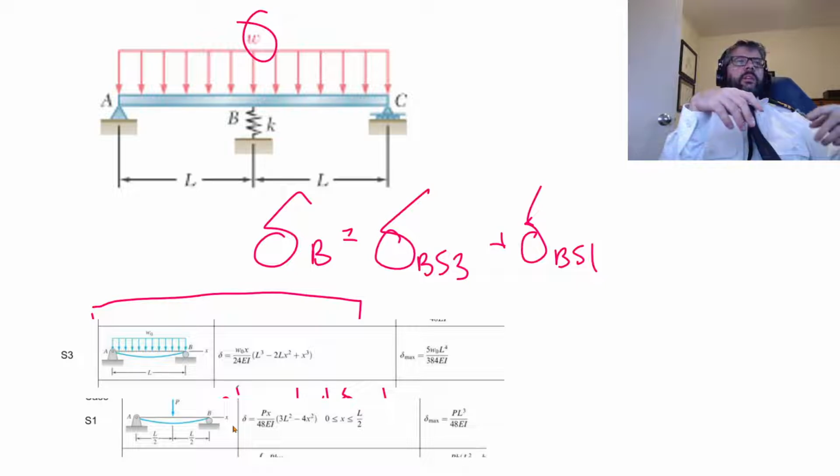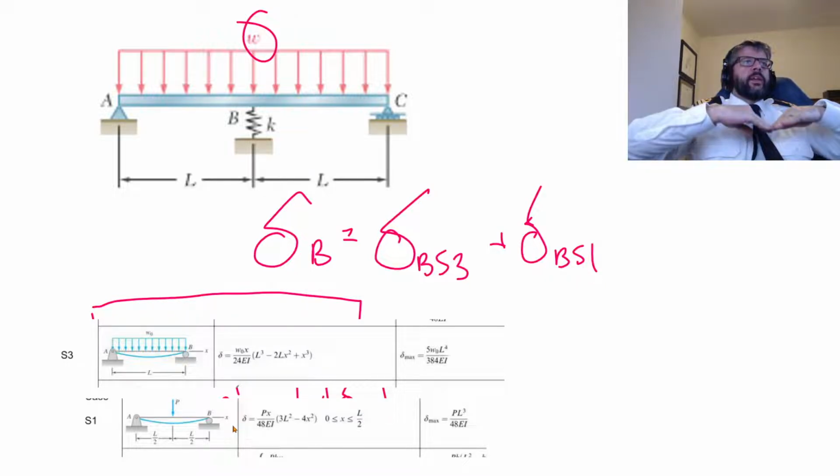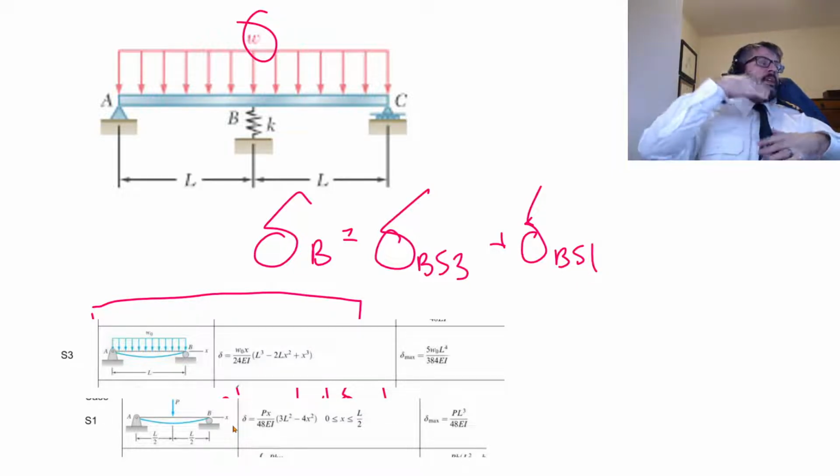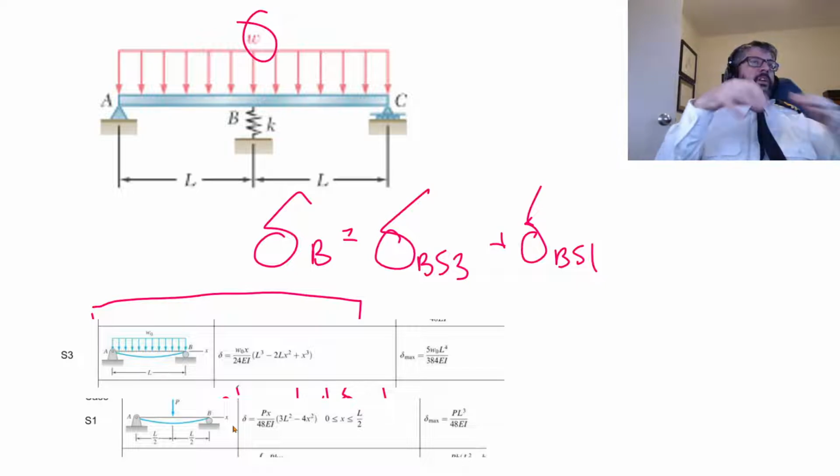So the fact that we're pushing down increases the displacement and thus would increase the force in the spring more, but the spring pushes back up. As it does so, it decreases the amount of displacement that occurs and thus decreases the amount of force generated in the spring. So you've got to take both those things into account.